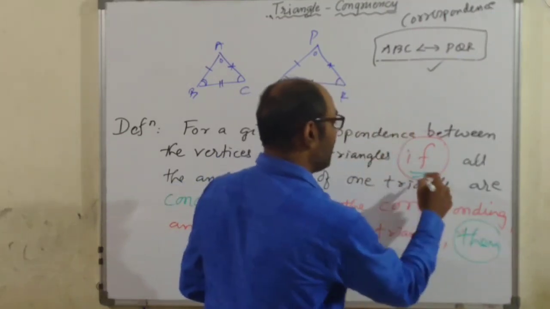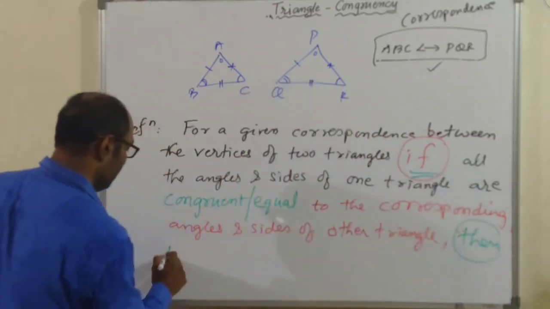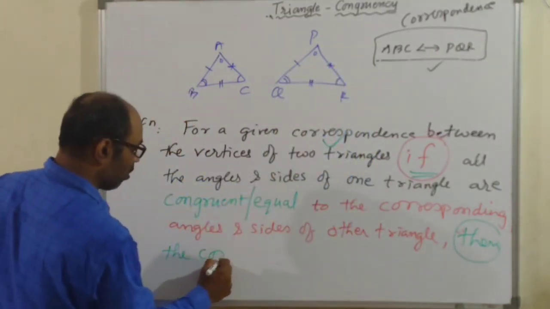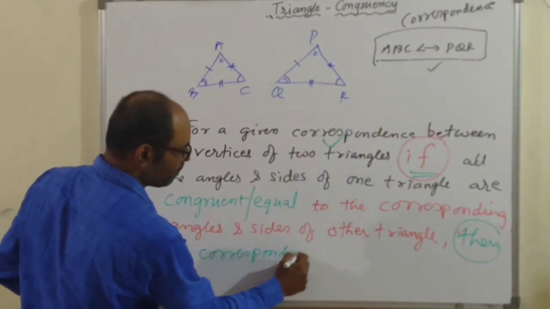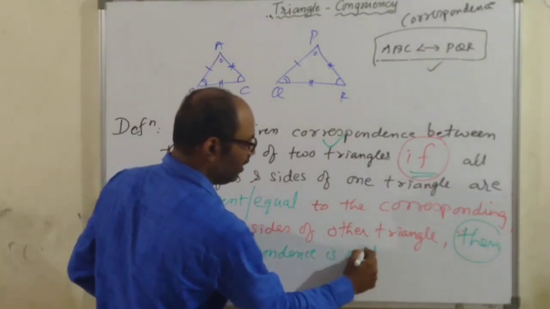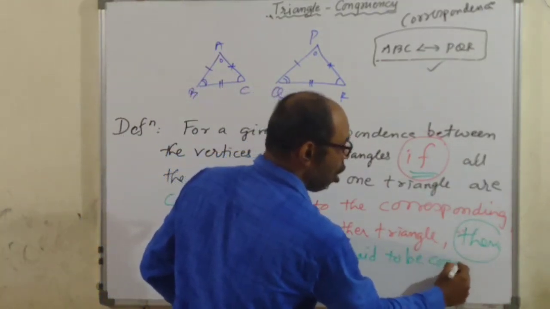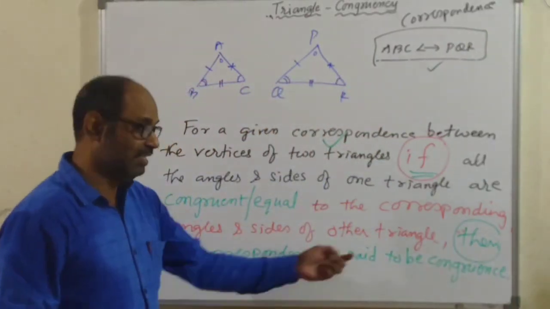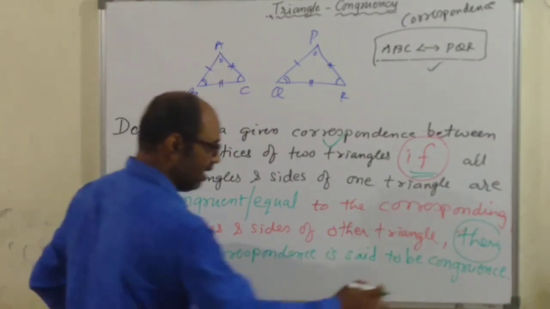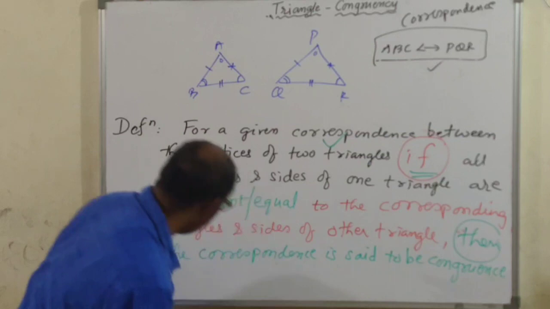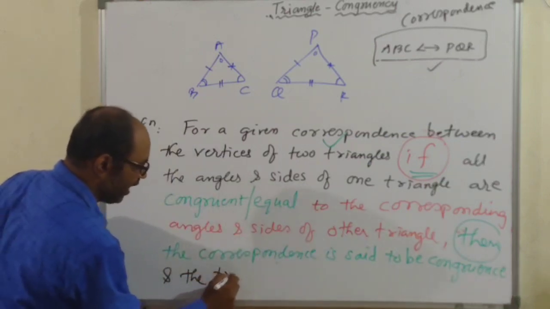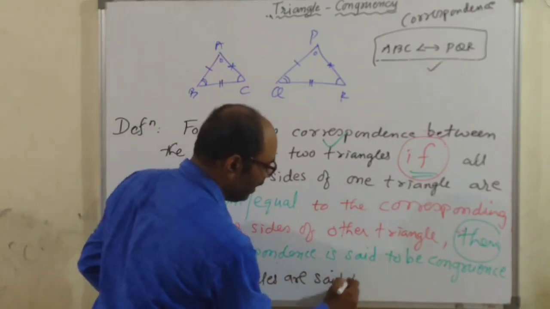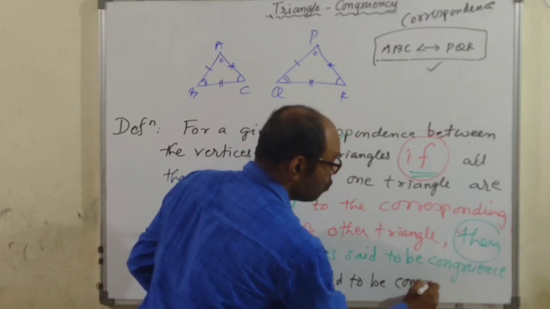Then if this condition is fulfilled, then the correspondence, the one that you have taken, is said to be congruence, yeah, you can say congruency, and the triangles are said to be congruent.